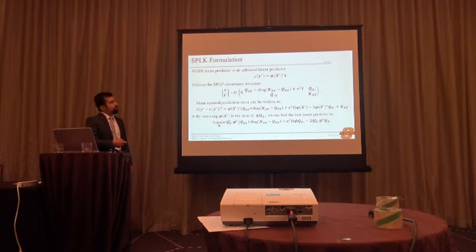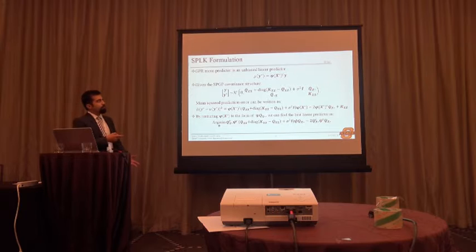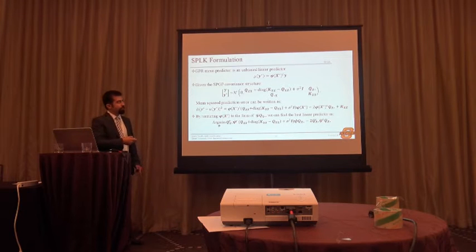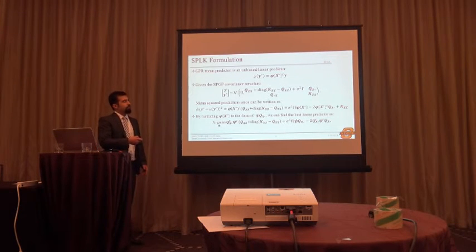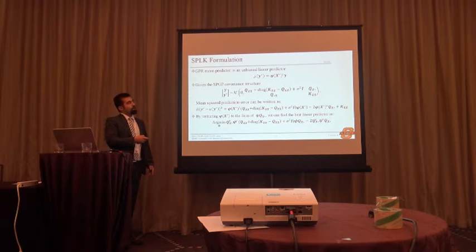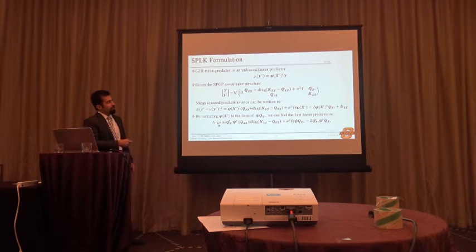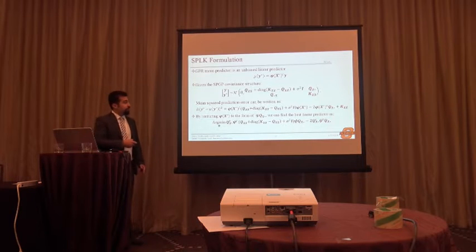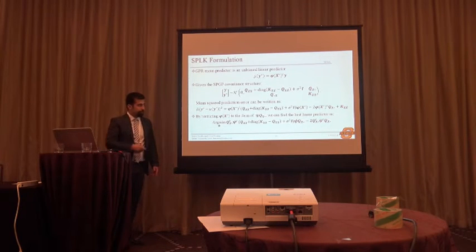At the end of the day, the GPR mean predictor is a linear predictor. So it can be written as a multiplication of a matrix of coefficients and observations. And given the covariance structure of SPGP, the mean squared prediction error can be written with this formula.